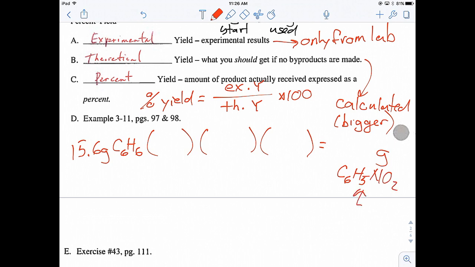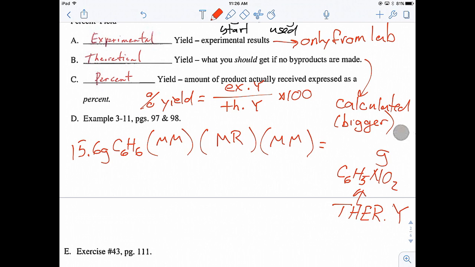This value would then be the theoretical value. This is the theoretical yield. Again, sorry for abbreviating. We can do a molar mass, a mole ratio, and our molar mass one more time for the C6H5NO2. That number, as a check, should be less than 18.